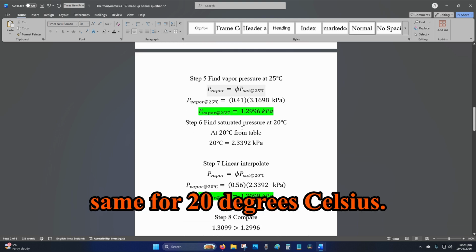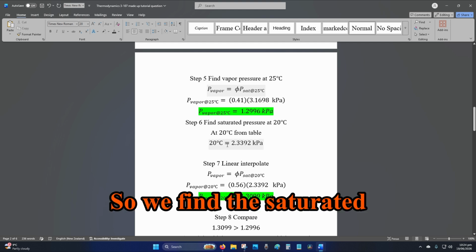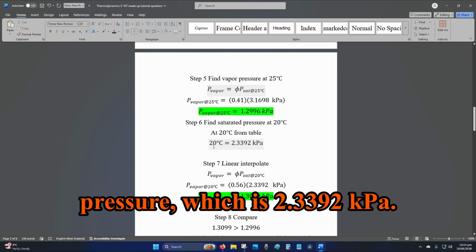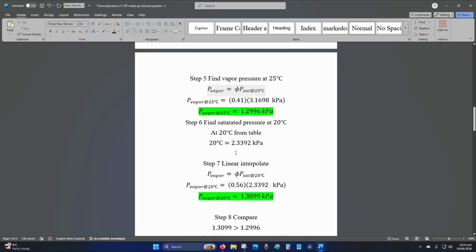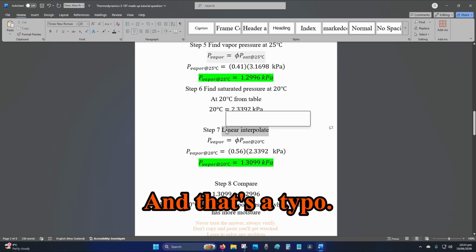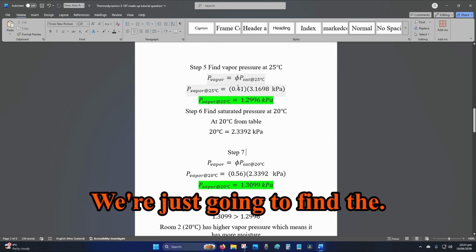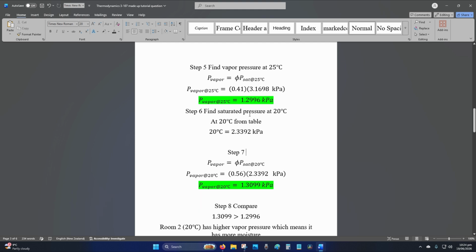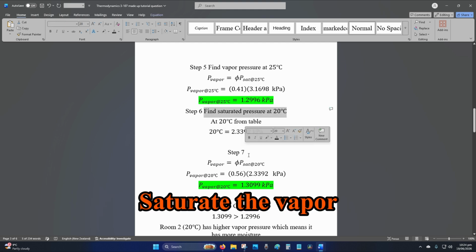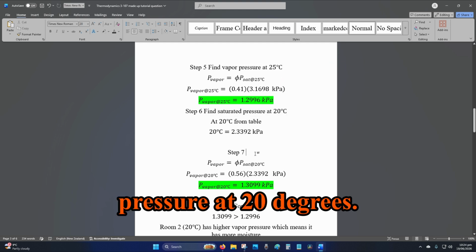So we're going to do the same for 20 degrees Celsius. So we find the saturated pressure, which is 2.3392 kPa. And that's a typo. We're just going to find the vapor pressure at 20 degrees.